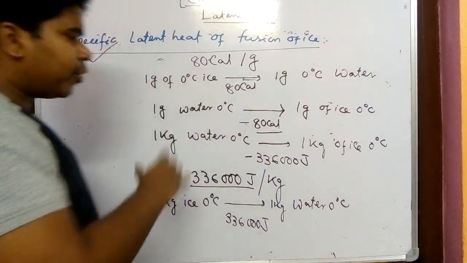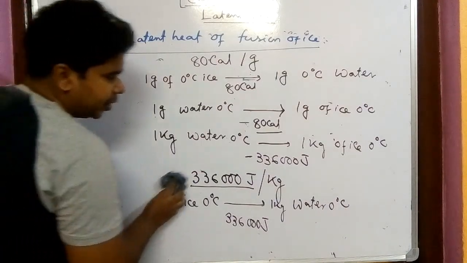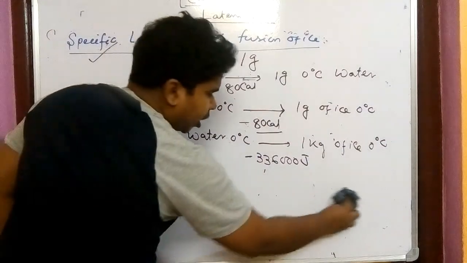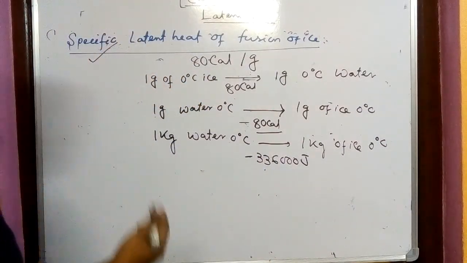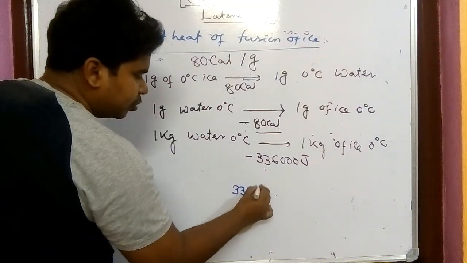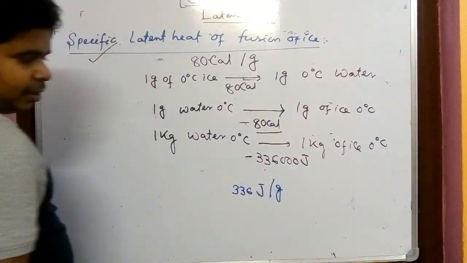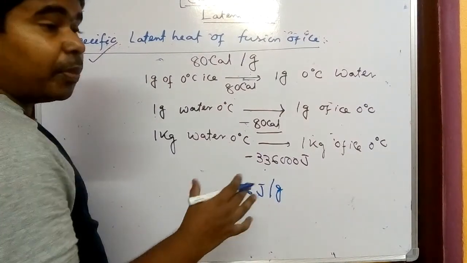Apart from this, we have another unit, a combo of SI and CGS units that is used for general purpose, that is 336 joule per gram. Actually, we have seen that it is 336,000 joule per kg.